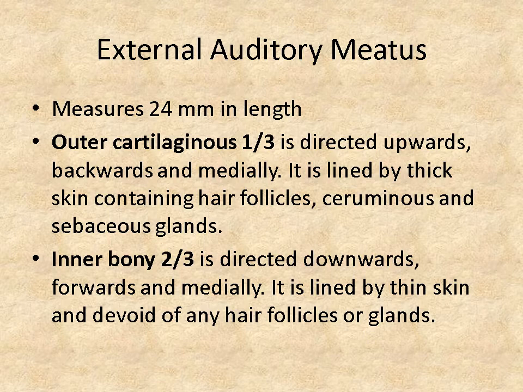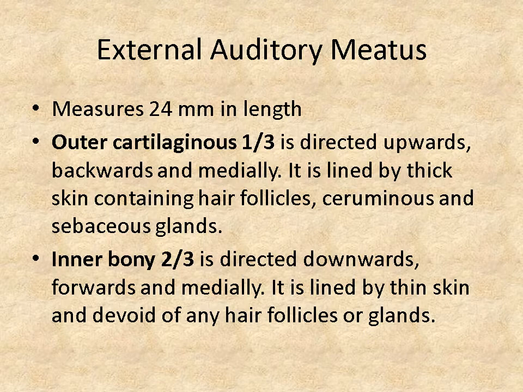The outer 1/3 is cartilaginous, whereas the inner 2/3 is bony in nature. The outer 1/3 is covered with thick skin containing the hair follicles and the sebaceous and the ceruminous glands, whereas the inner 2/3 is lined with thin skin devoid of any hair follicles or glands.